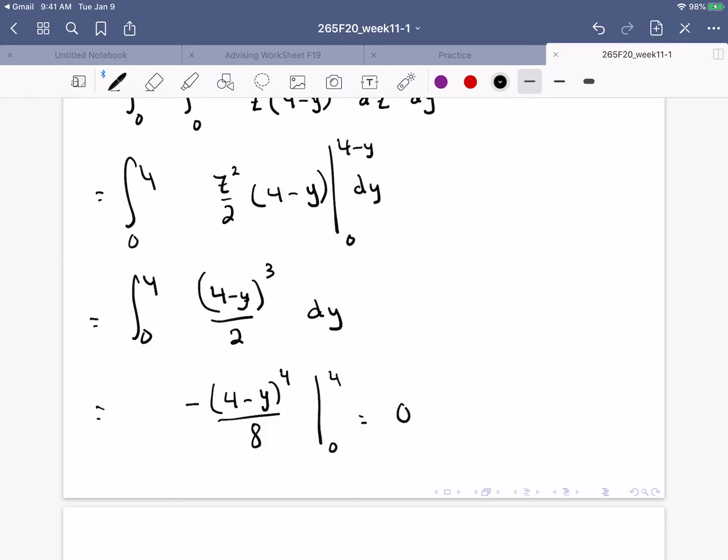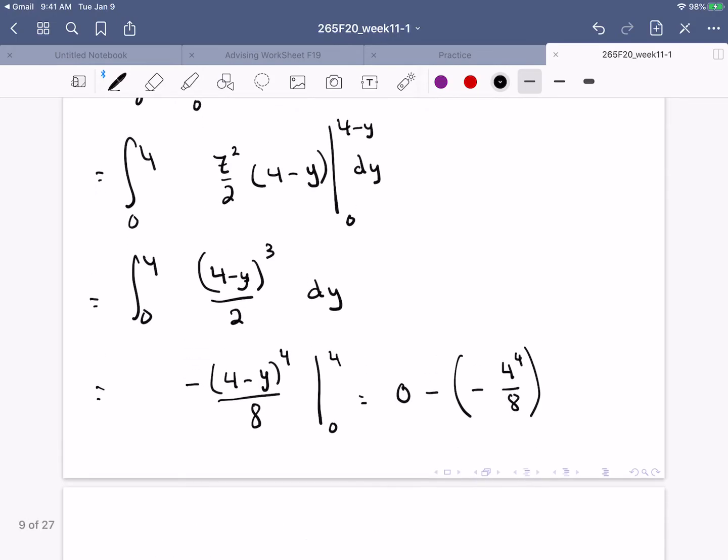So this is going to be 0 minus a negative, plug in 0, this is going to be 4 to the 4th over 8. So this will be a positive 32. Okay, and that's our volume. Oh, that's not a volume. That is the value of that triple integral.